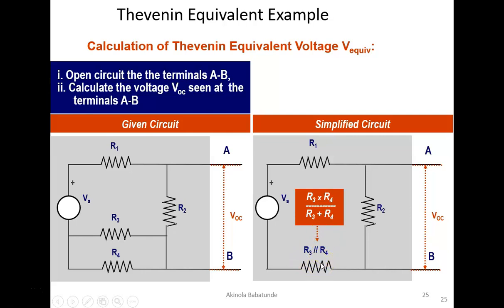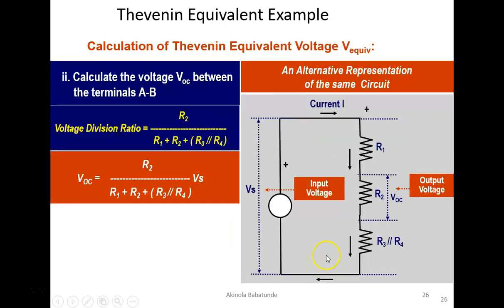Okay? And once we do that, since this circuit is open, the current flowing through R1 will be equal to the current flowing through R2, and will certainly be equal to the current flowing through R3 parallel R4. This simply means that R1 is now in series with R2, and R2 is in series with R3 parallel R4.